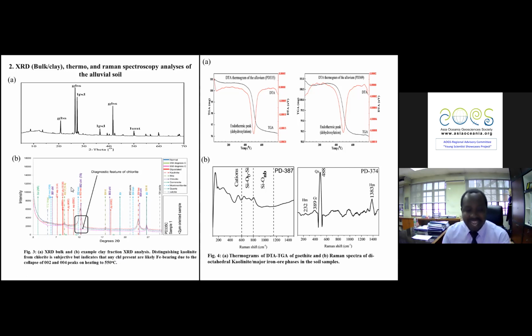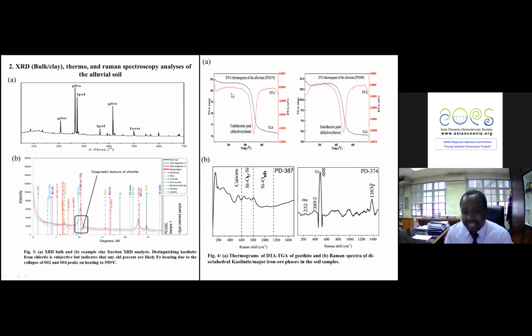All other chlorites are stable at this specific temperature, while kaolinite breaks down. Therefore, the presence of iron-bearing chlorite in this sample adds uncertainty in this interpretation.